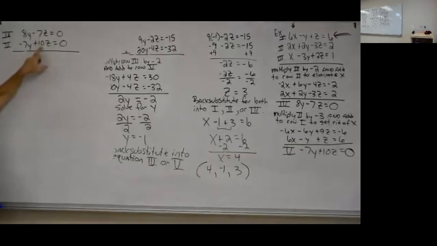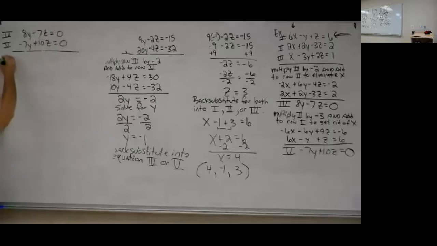But notice I got a 7 sitting there and a 10. My signs are good. I got one negative, one positive. So the smallest number that both of these can go into looks like 70, because 35 doesn't work on that 7, and anything else doesn't work on that 10, okay? So 70 is the smallest number these will both go into.